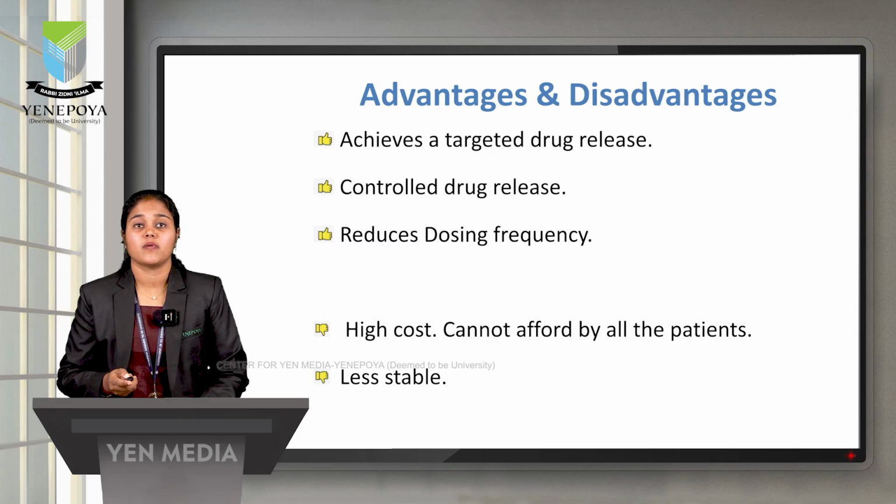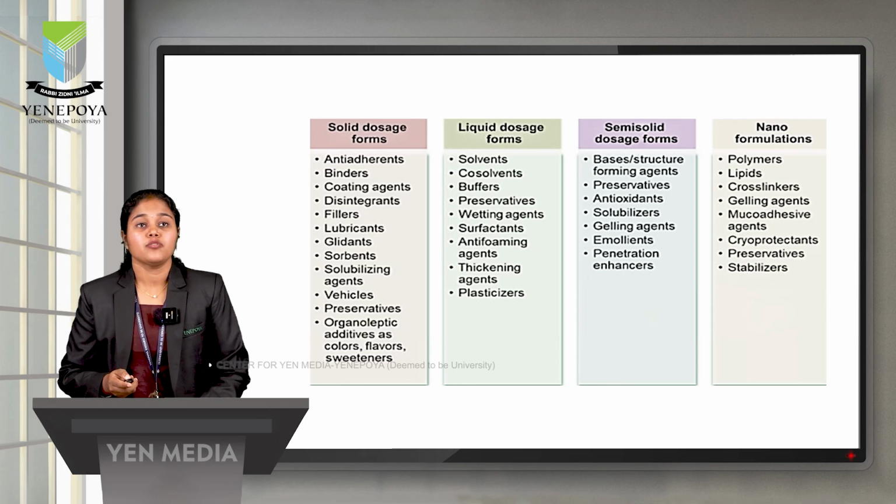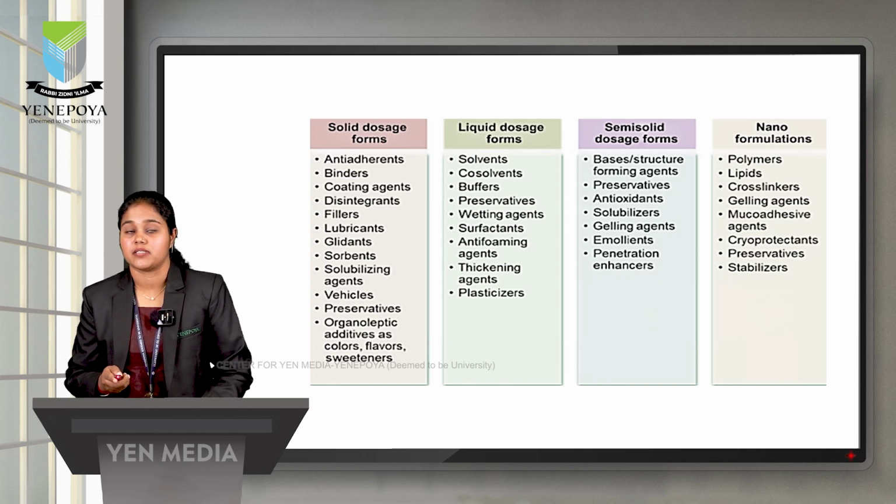Now, we will discuss examples for dosage forms. I told you that solid dosage form is there, liquid dosage form is there, semi-solid is there, and novel drug delivery system is there. In all of these, API is common. Active pharmaceutical ingredient is the drug responsible for the pharmacological action.